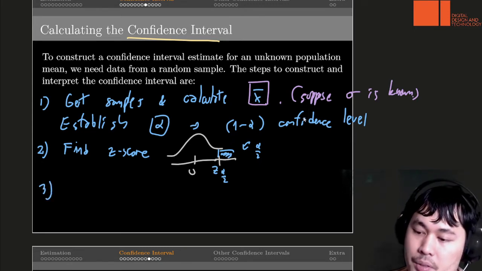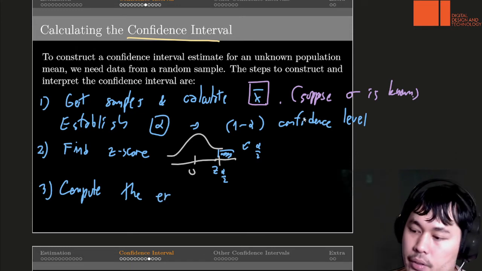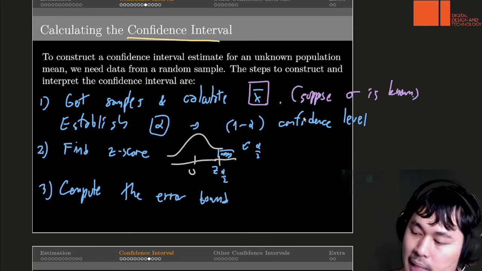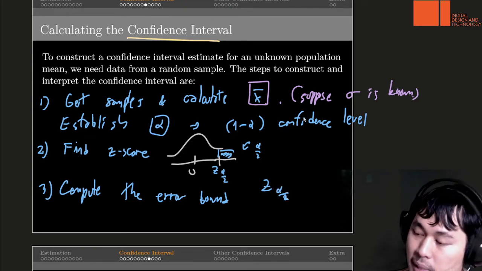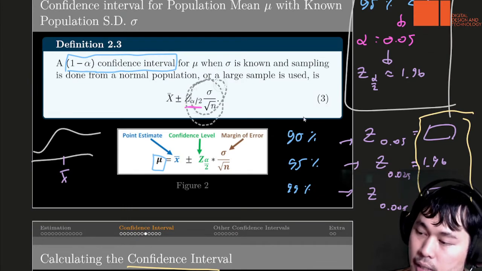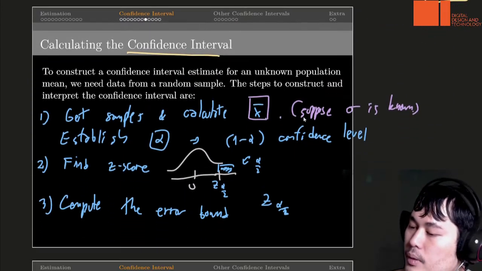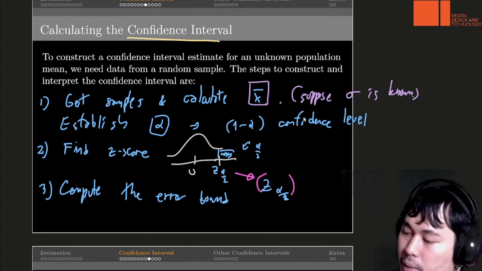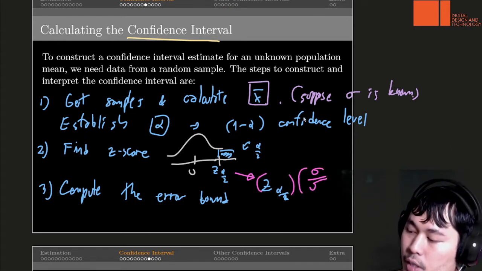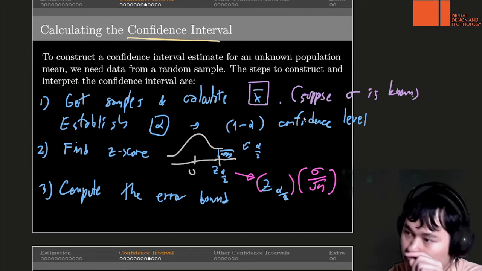And the third step is to compute the error bound. This error bound is the product after the plus or minus sign, this product we see here. So use the z-score that we just got and multiply that by sigma and divide it by the square root of n, the sample size.